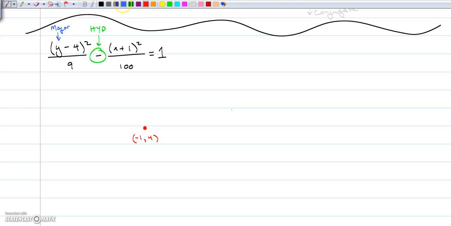In the vertical direction, the major direction this time, I'm going up and down 3. Going up and down 3 tells me where my vertices are going to be in this hyperbola. Similarly, going to the side 10, which is a lot larger than normal, is going to help me define the edges of the box around the center.